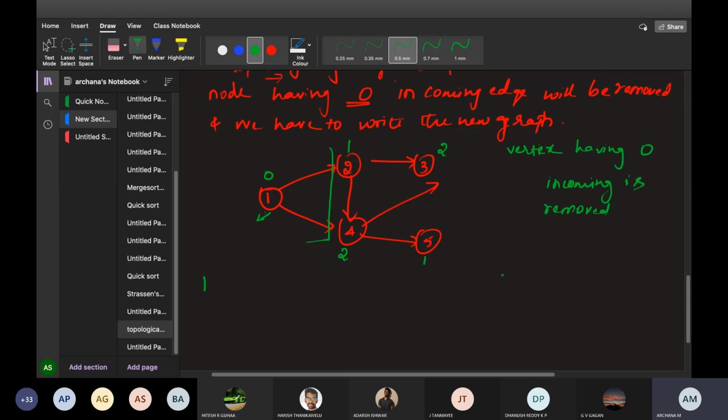Now we have to remove the vertex which is having 0, and I have to again rewrite the graph. This is very important. Now 2, 4, 3, 5. Look here.